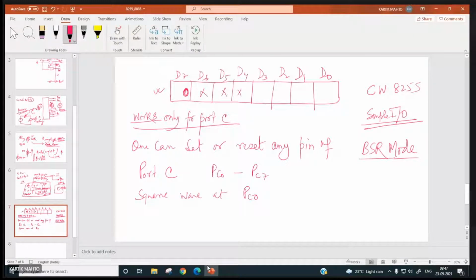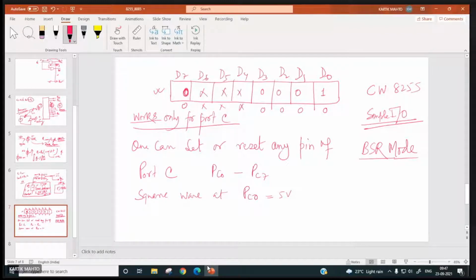Right. Now for selecting PC0, these 3 bits, D1, D2, D3, you have to make it 0, 0, 0. And this bit, you have to make 1 in order to set PC0 equal to 5 volt. Right. And then 0, X, X, X, 000, 0.